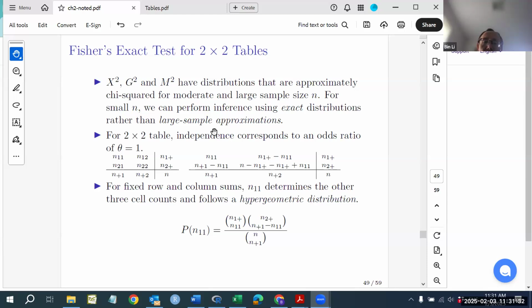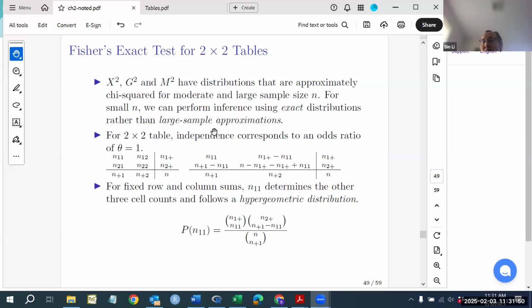But if we have a small sample size, then both these tests don't work well. So here we can instead use the Fisher's exact test, which is exact.